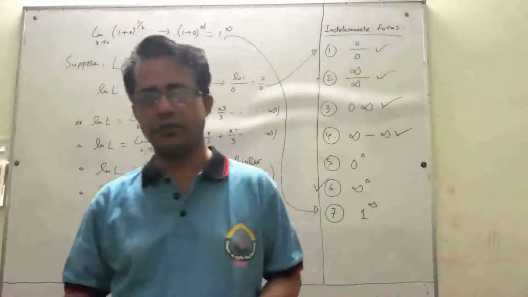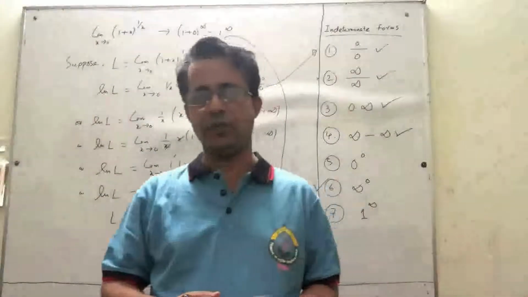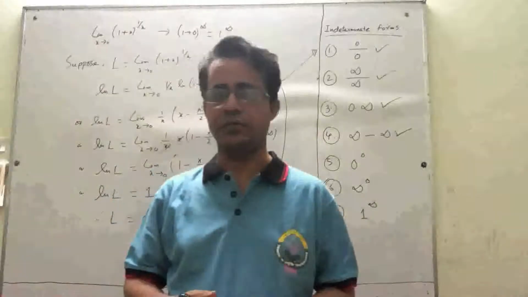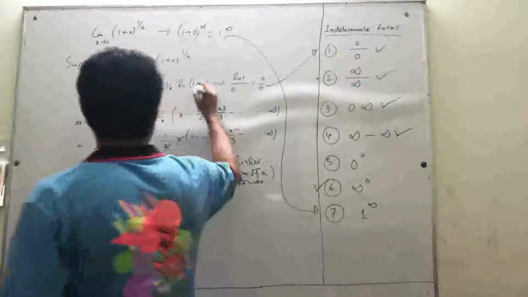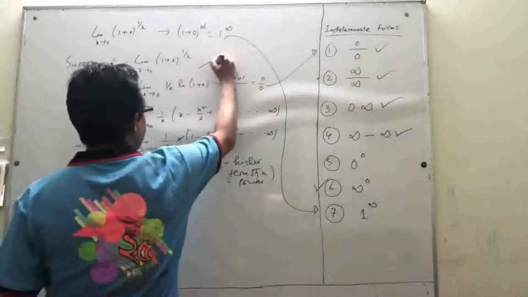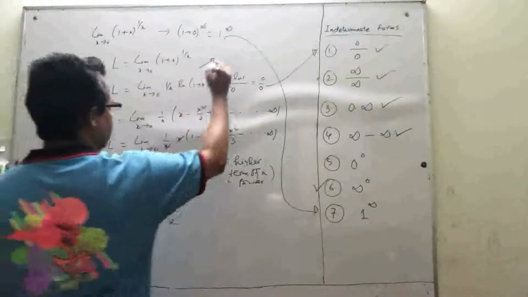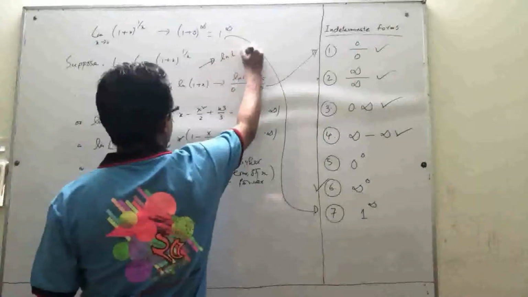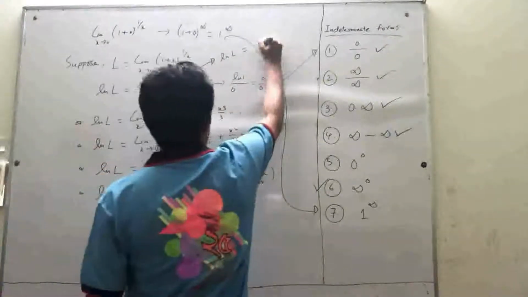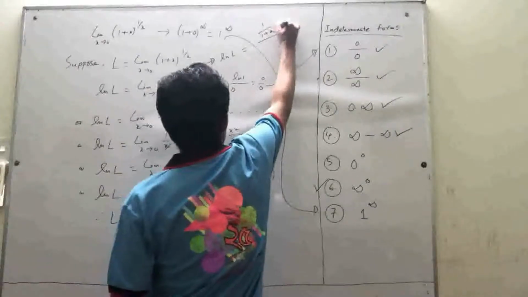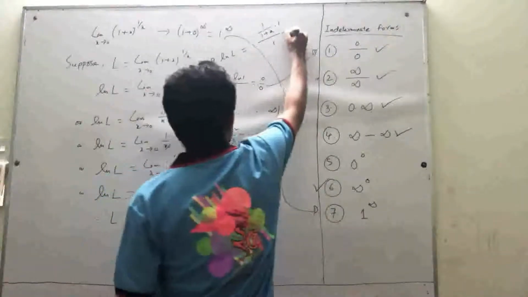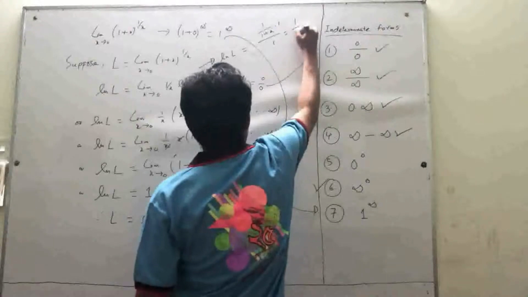Dear students, we can also follow an alternative process to evaluate this limit. After this line, here we can follow L'Hospital's rule. Then we get ln L equal to 1 by (1 plus x) into 1 divided by 1, that is 1 by (1 plus x).